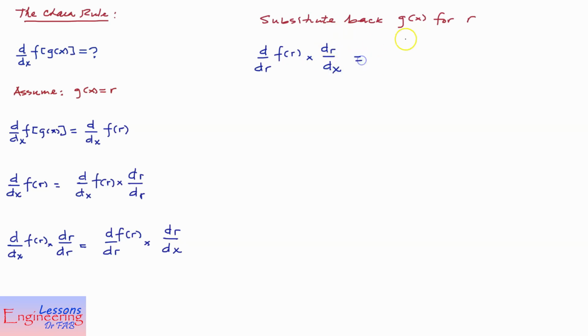If we substitute back g of x in place of r, we'll have d by d g of x of f of g of x times d by dx of g of x.